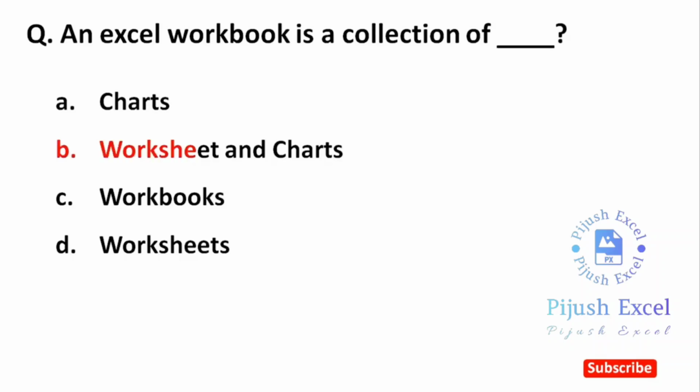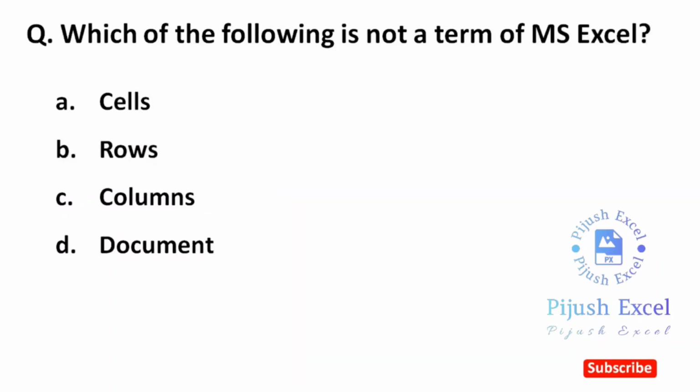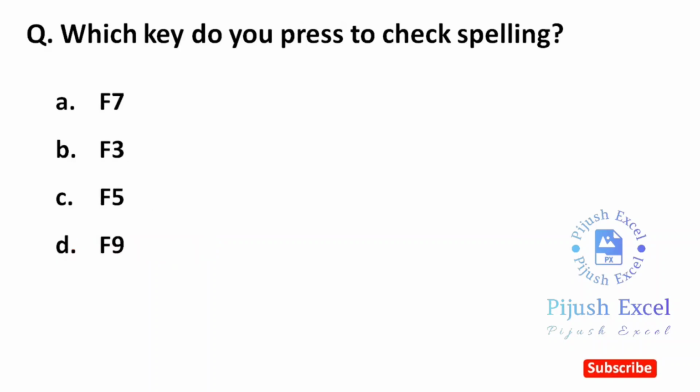Option B. Next question, which of the following is not a term of MS Excel? Right answer option D. Next question, which key do you press to check spelling? Option A, F7.